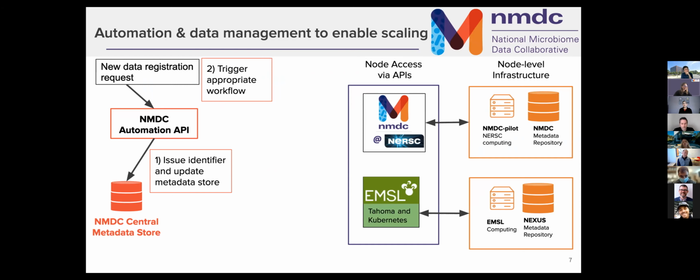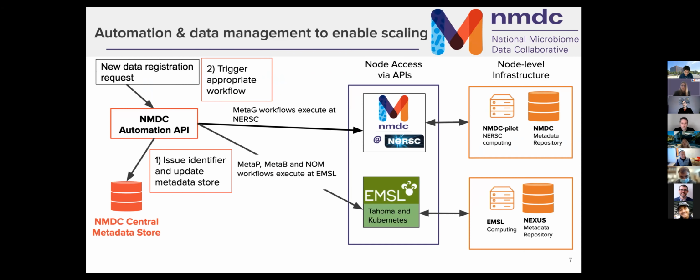And then once you have those data, we have 2 initial nodes at NERSC, which is at the Lawrence Berkeley National Lab, that is coupled with the Joint Genome Institute, and so has access to those data. And so all of the metagenomic or metatranscriptomic workflows would execute there.